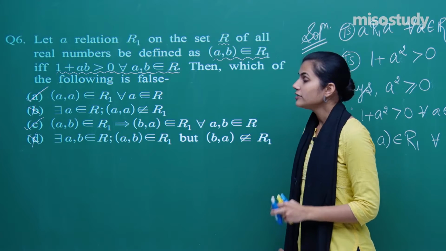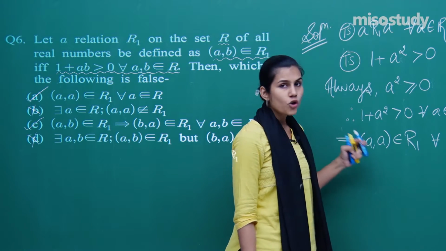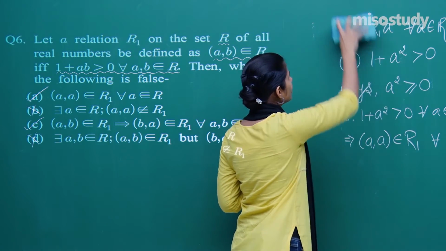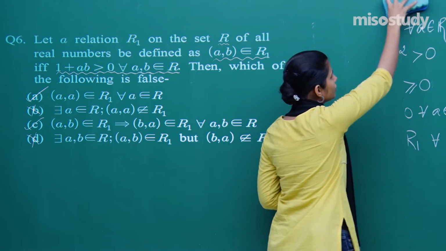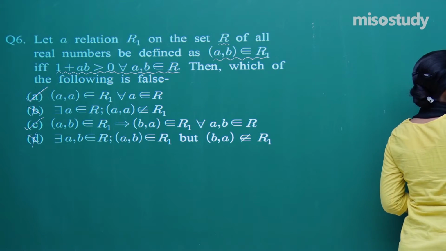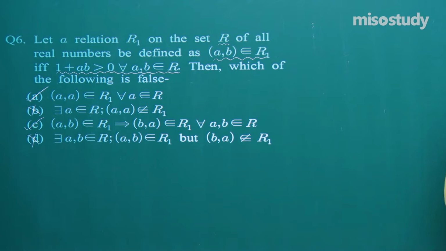Thus, this question is basically testing our knowledge about reflexivity and symmetricity. If we have that concept clear with us, this question was a cakewalk and nothing else, and we were able to sail through this question having the correct options right before us.